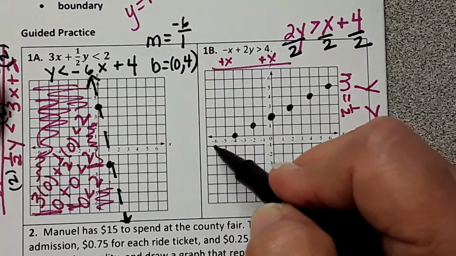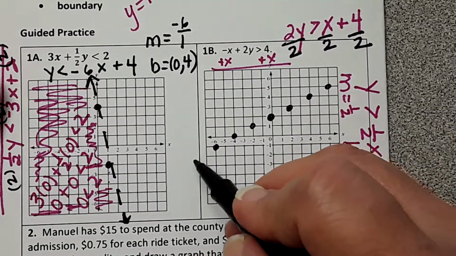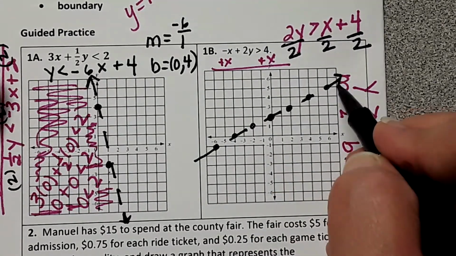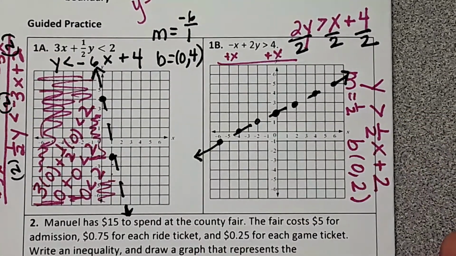Down 1 over 2. And now it's dashed. Now, when you graph a linear inequality, that line has to go through the entire graph. You can't just stop in the middle of the graph.